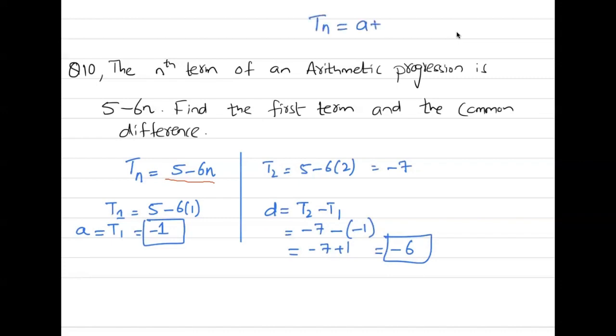Instead of making you use this, they have already used this, and they have simplified this as 5 minus 6n. So they have told you that the expression for the nth term is 5 minus 6n. They have already told you the simplified nth term expression. You just have to use it now. Okay, I got it.